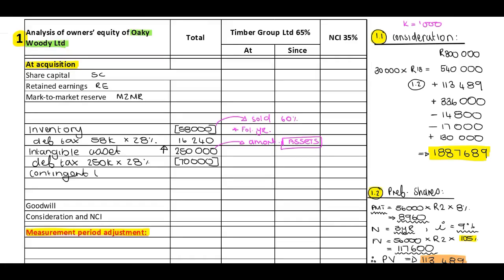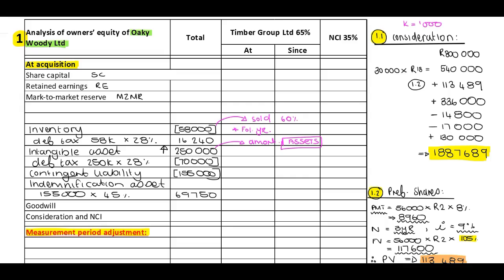Remember, this is in terms of our group. And this is an amount of 155,000. And we need to include our indemnification. Okay, that we need to calculate. This is the 155,000 times the 45%. And this is an amount of 69,750.